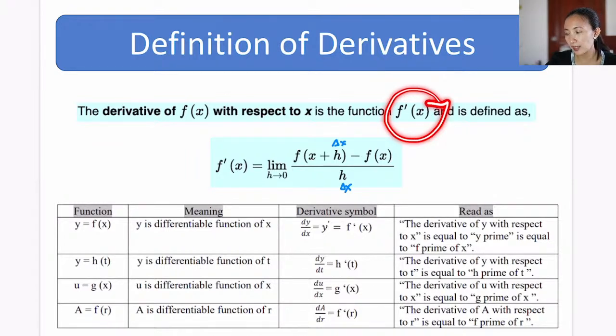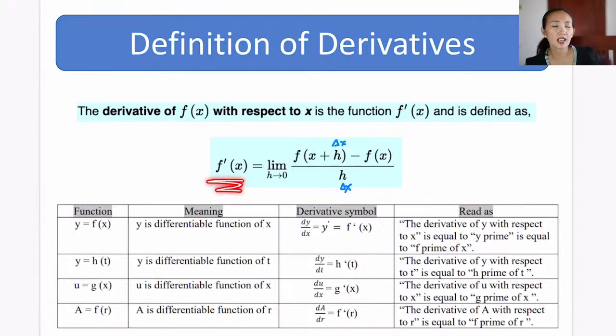Okay, how is this read? F prime of x. It's defined as f prime of x, so I'm not using slope of the tangent line anymore, but the notation f prime of x, equal to the limit of f of x plus delta x, or h, minus f of x over h, or delta x, as h approaches 0.